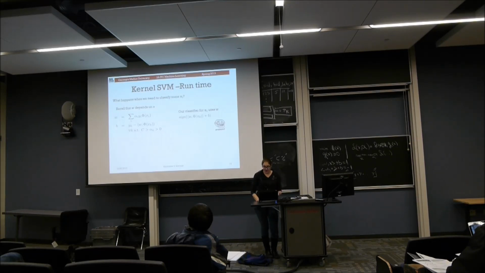Well, as it turns out, we don't really, because we don't really need W when we've got the dot product. We can write the dot product between W and phi of x0 as a sum. We just use the properties of the dot product, and we obtain formulas for both the dot product between W and phi of x0, and B.